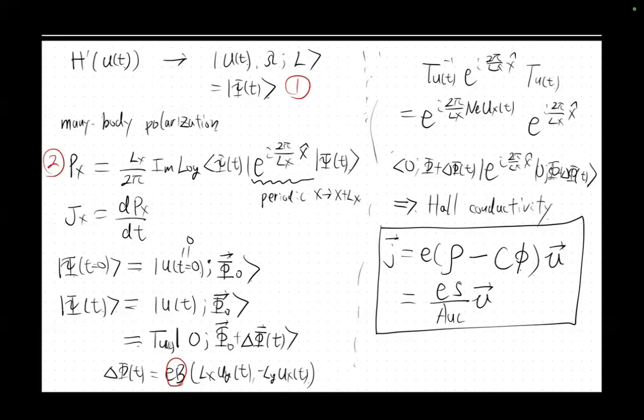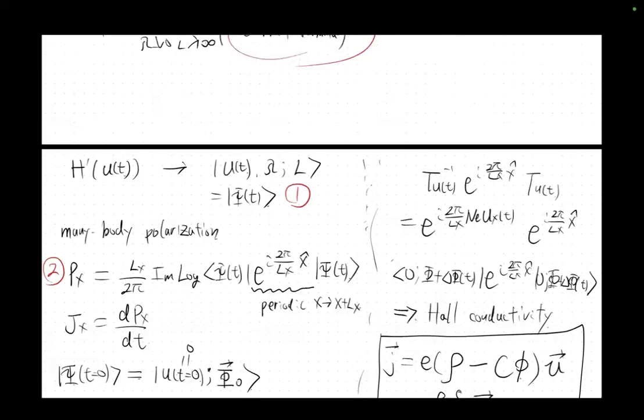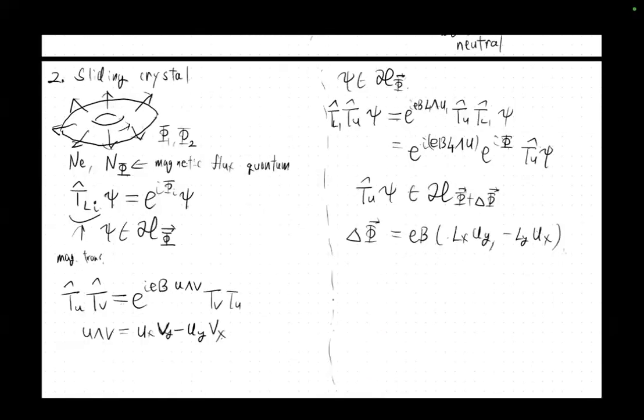In this computation of the Hall conductivity, it's with respect to the shifted phi, right? If I understood correctly, this small phi that you defined is the flux quantum in the system. Maybe my notation was a bit confusing.